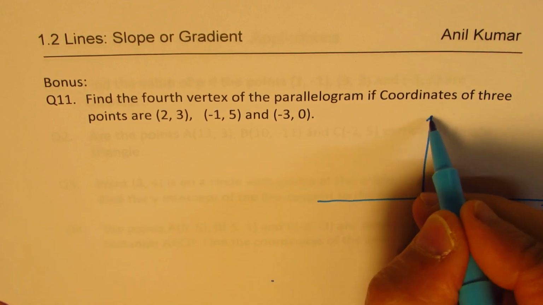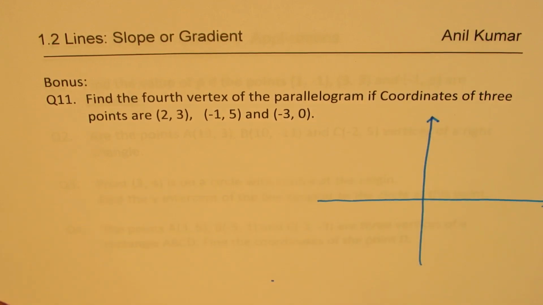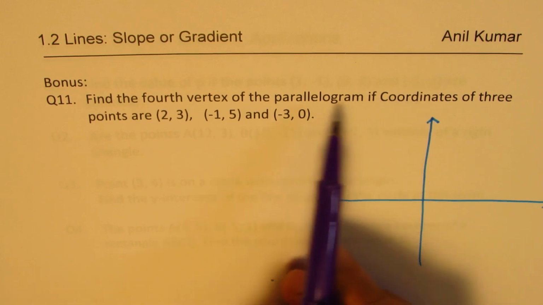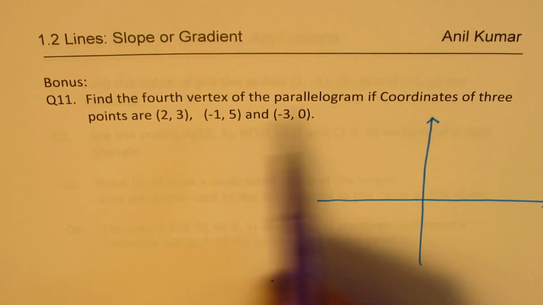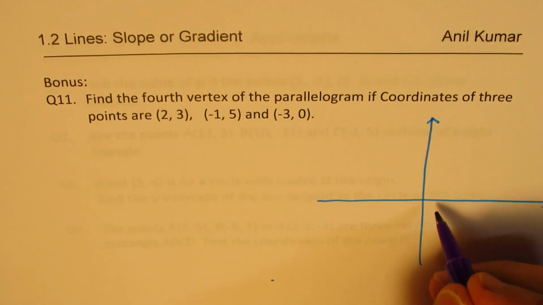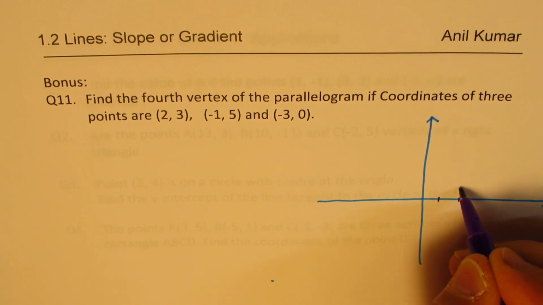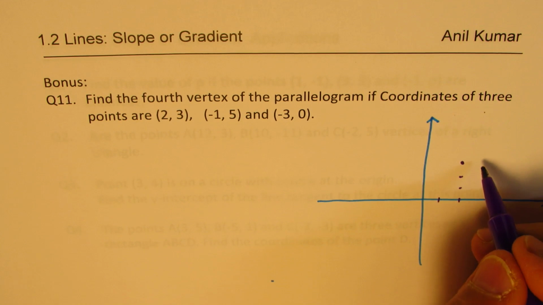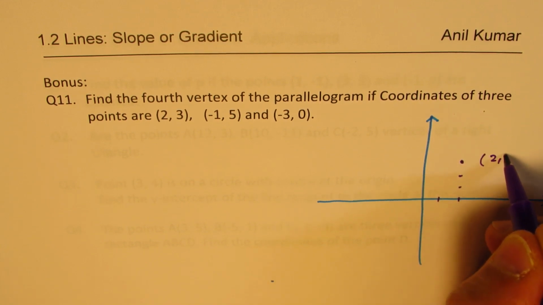Using a graph, as I said, is always better to solve such questions based on slope. We are given a parallelogram, which has 4 points of course, and 3 points are given. So let's say this is 1, this is 2, and this is 1, 2, 3. So this is one of the points, let's call it (2, 3).